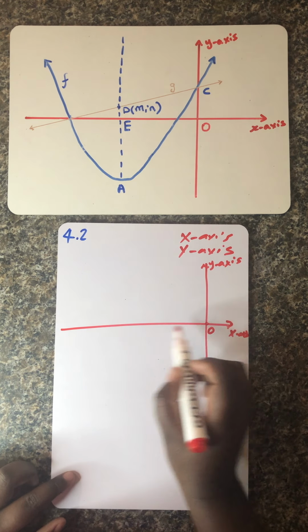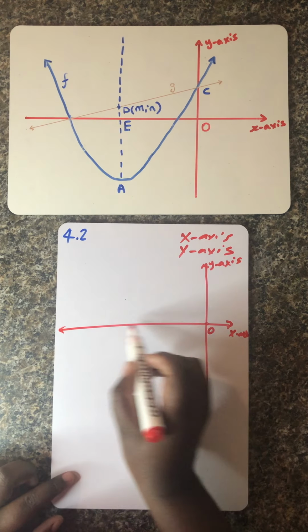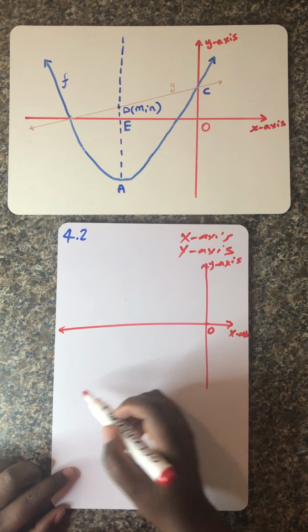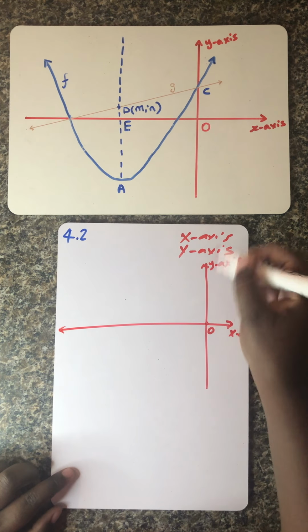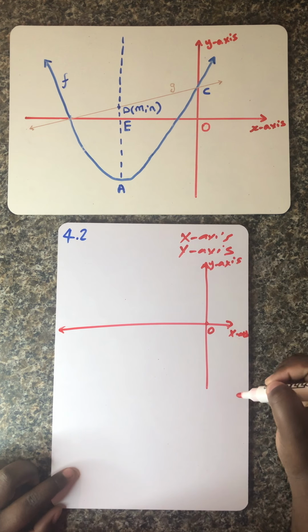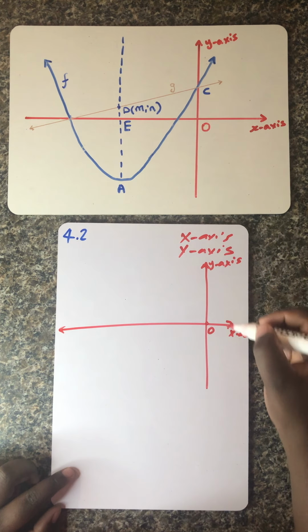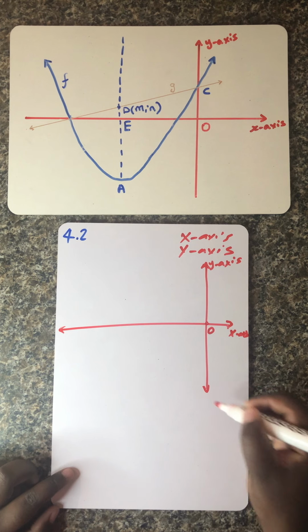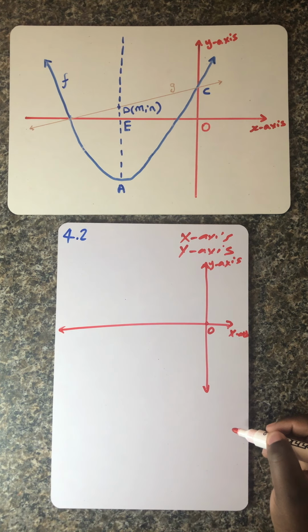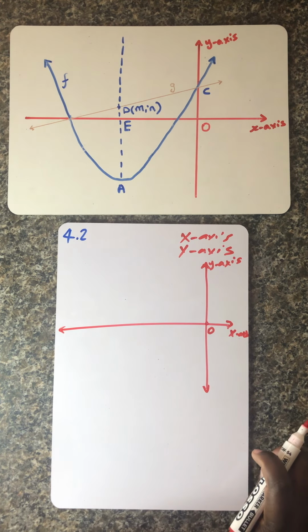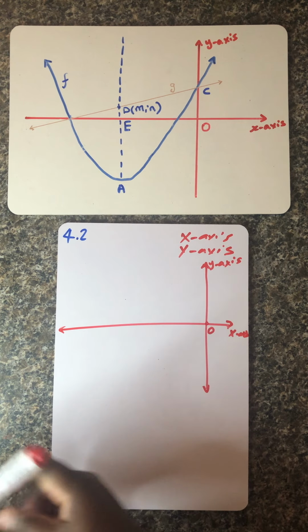From that point going to the left is the negative side of the x-axis. Then from that point going up is the positive side of the y-axis. Going down is the negative side of the y-axis. Very, very important, guys. You will notice this shortly.